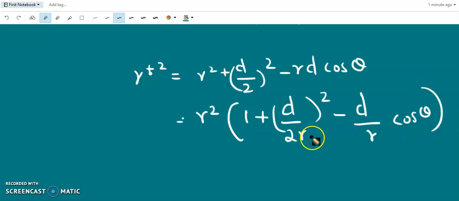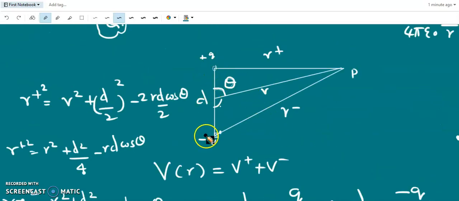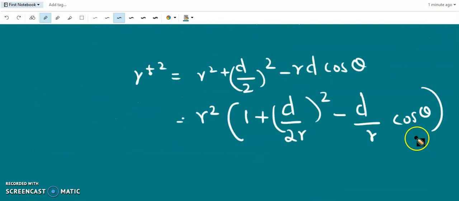Okay, but we know that the distance d is very small compared to the distance r. A dipole is two equal and opposite charges separated by a very small distance, and r is much greater than d, and therefore d by r is much less than 1, and therefore the square of that quantity is again less than 1.